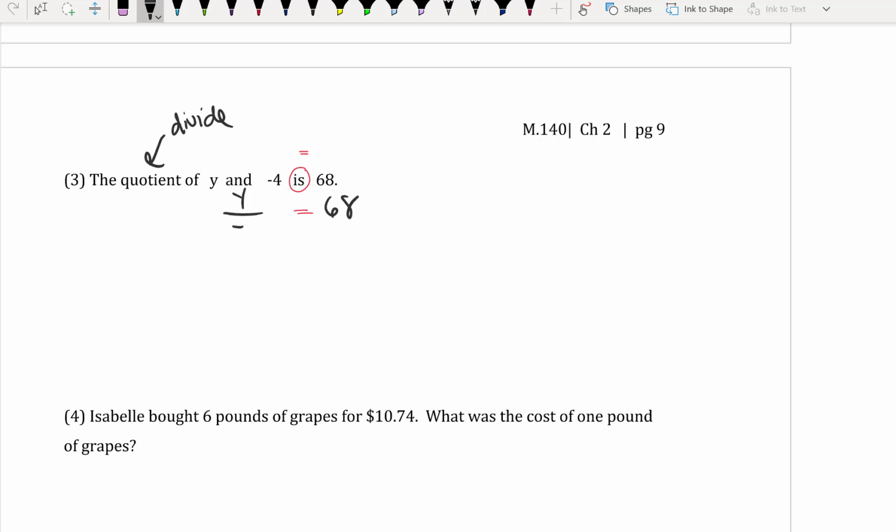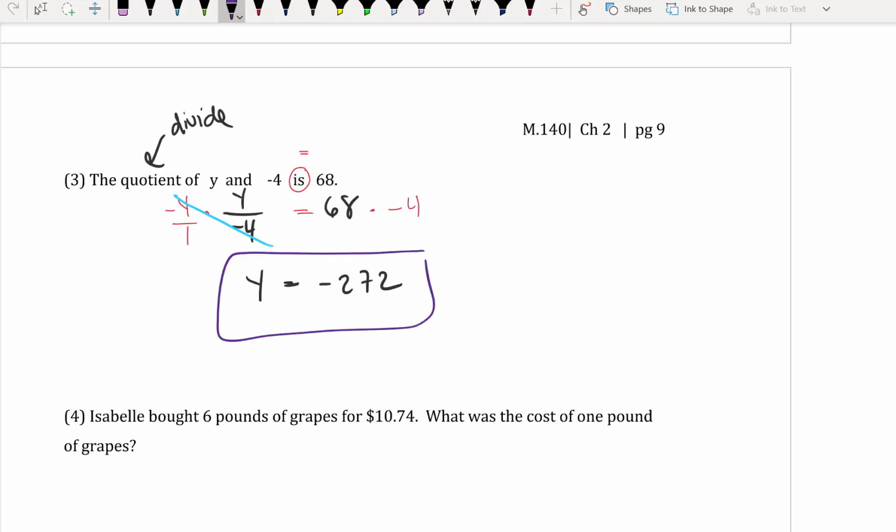So I have y and negative 4. So I am going to multiply by the numerical coefficient, which would be timesing by a negative 4 on both sides. So I'm left with y is equal to 68 times negative 4, which is a negative 272 as my final answer.